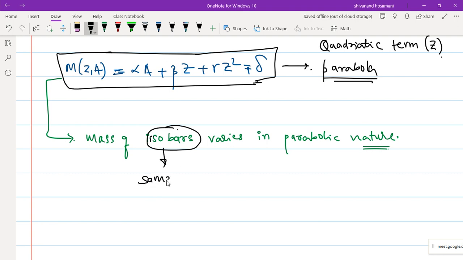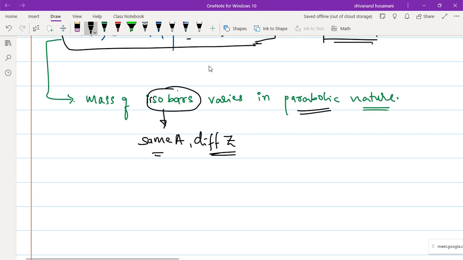Yes. Same A, different Z. If you look at the different Z values, I am going to get those curves as parabolic curves. So that is what the Z value is. Okay. The most stable isobar will lie at the vertex. So especially how to define this parabolic graph?